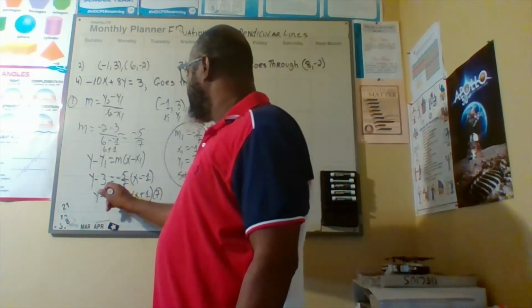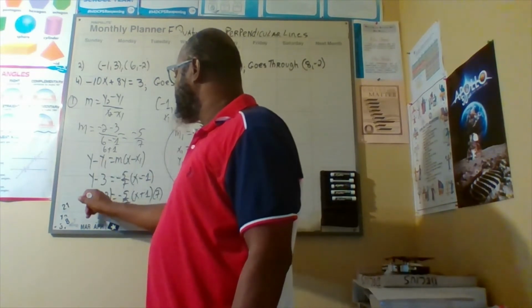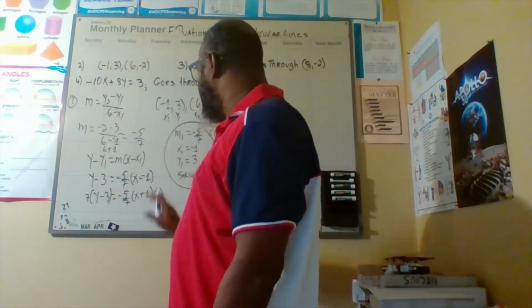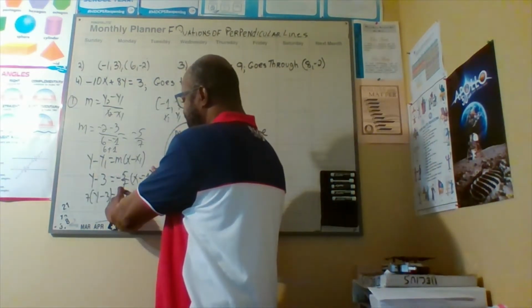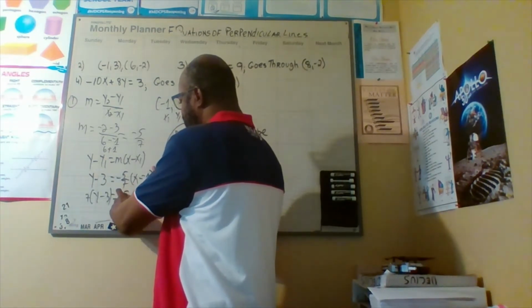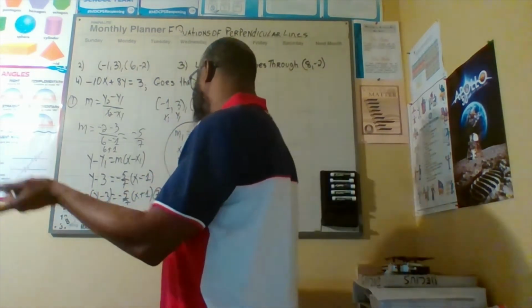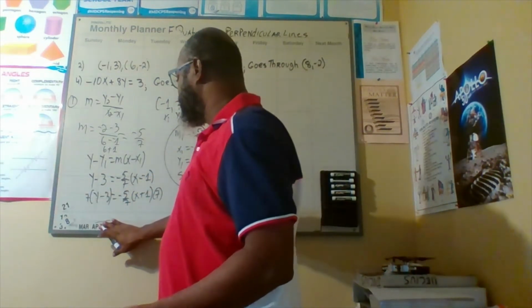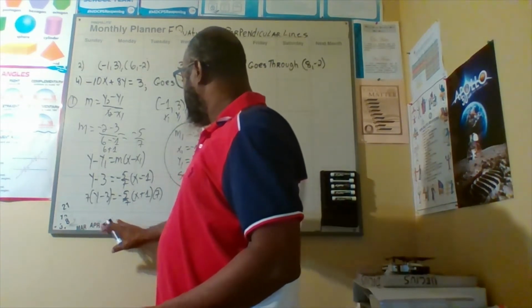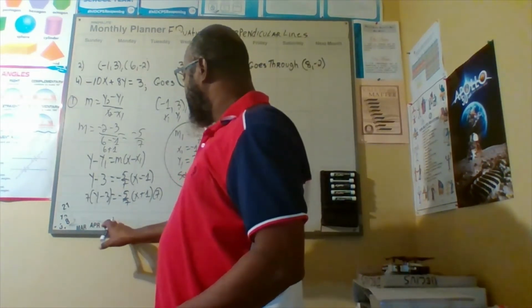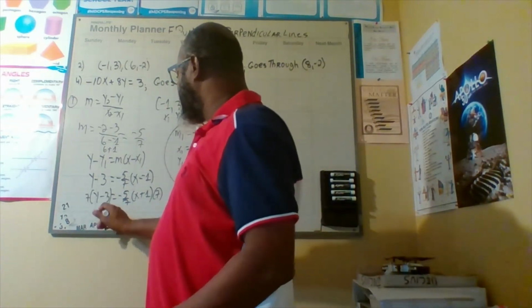That will have been an easy one. So I always multiply both sides by the denominator, including the constant, so I don't lose it. You'll have 7y minus 21. This 7 is cancelled with that 7, and you will have minus 5x minus 5. And you add 21 on each side.